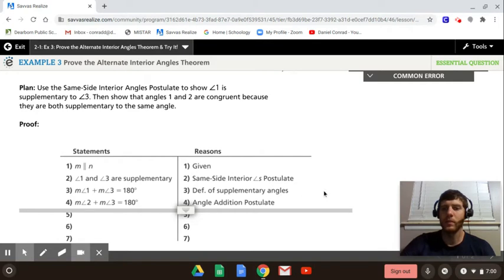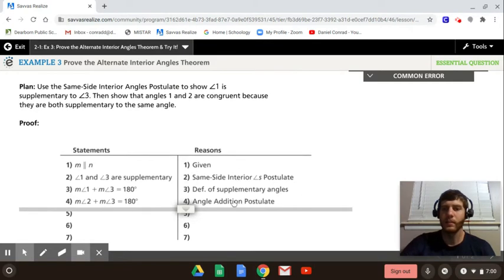That would be much better there. Again, this is the inconsistency that I don't like in the enVision proofs here. We either assume that that's 180 or we don't. I don't like that. The linear pair theorem is a much better response here.